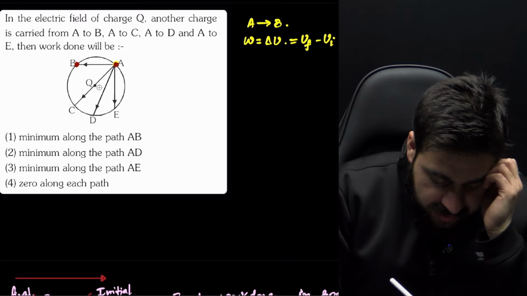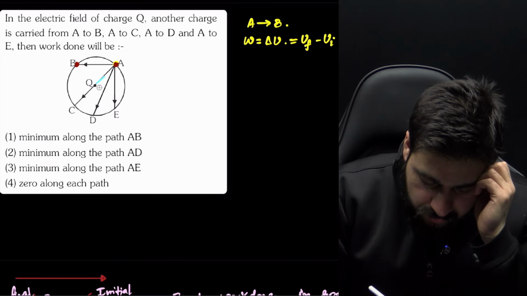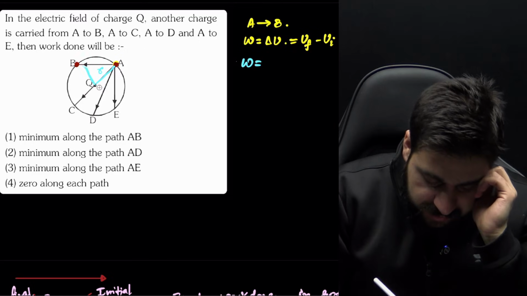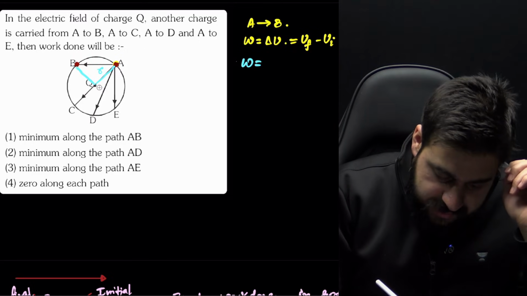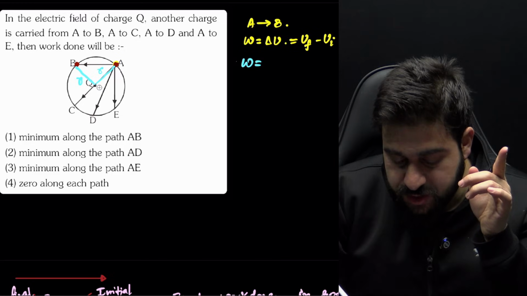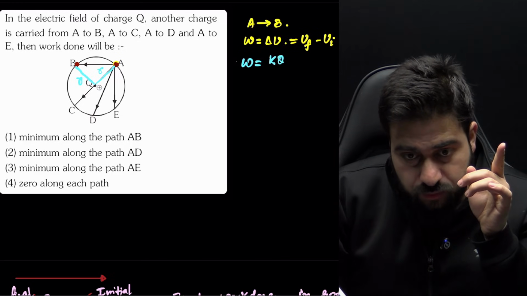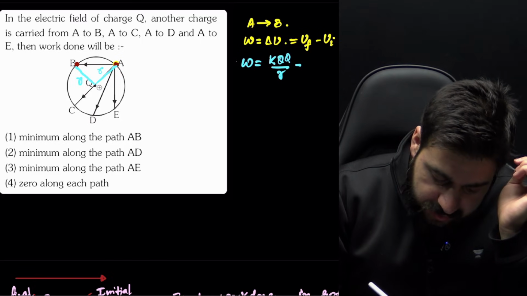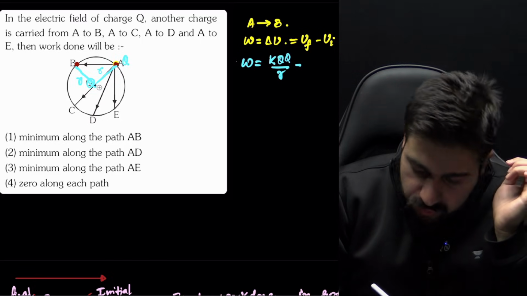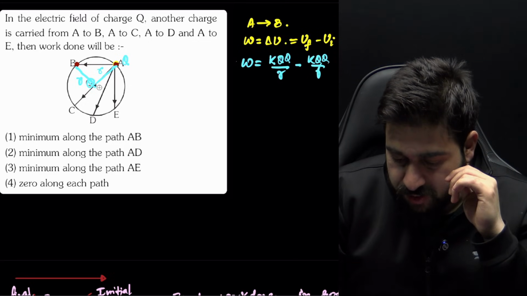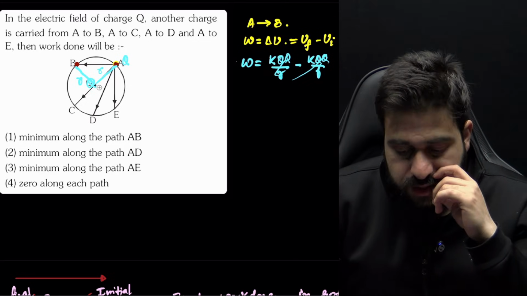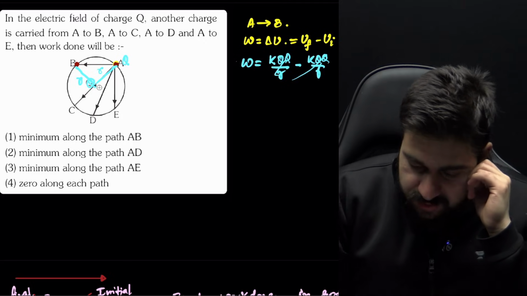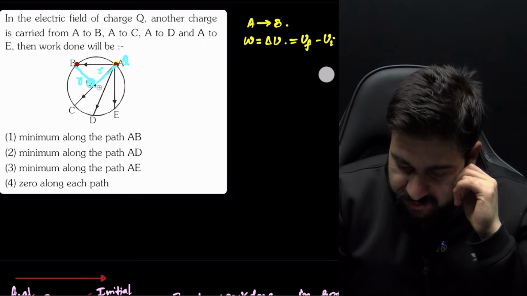Now initially when it is at this particular point, what is the distance between the two? It is r. So what is the final potential energy? Finally it is here. So one charge is Q, the other charge is Q, so K Q divided by R. Let me write final first.